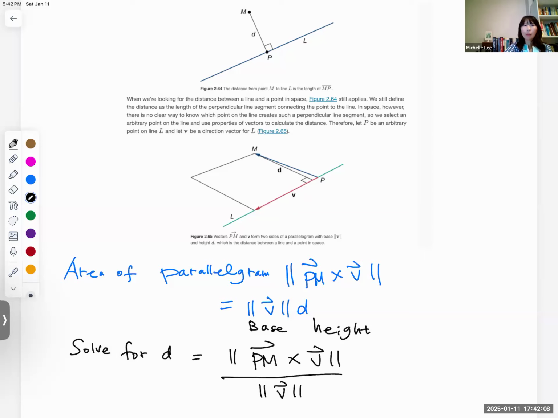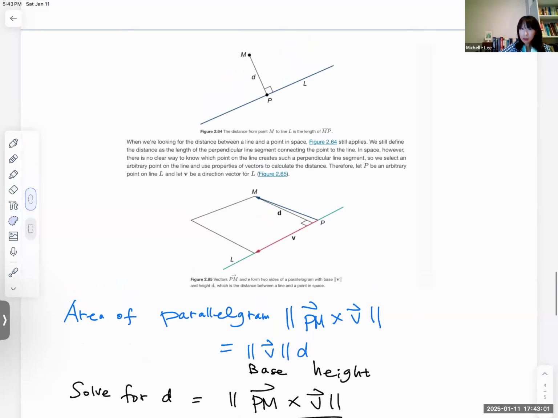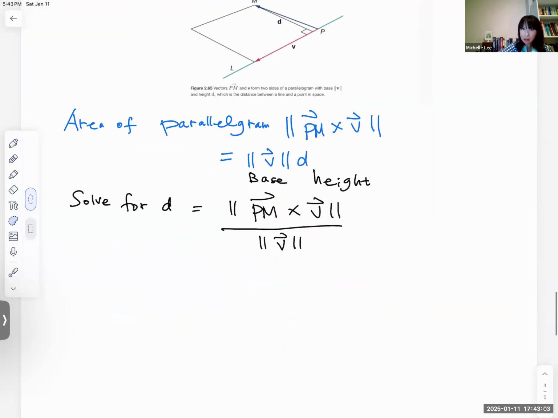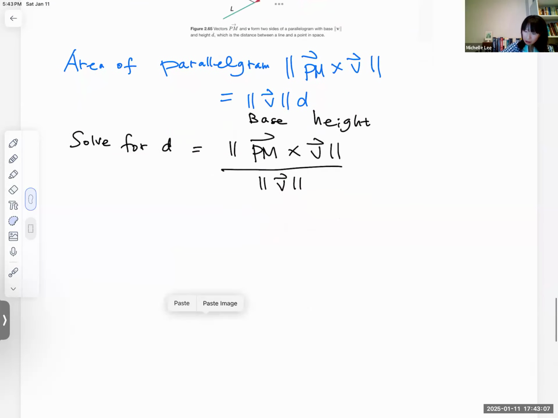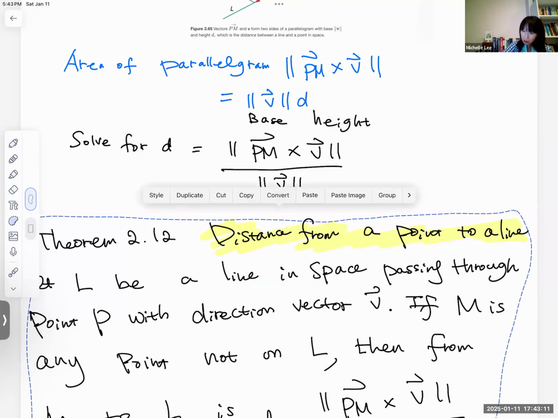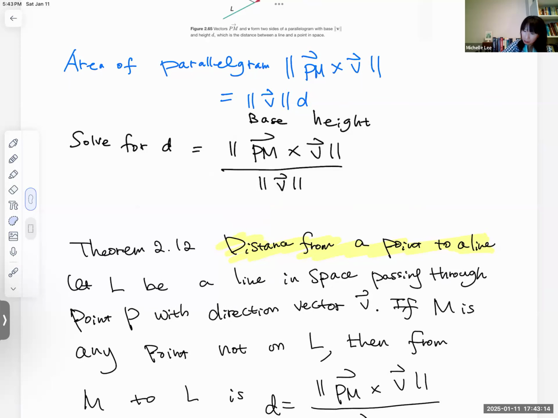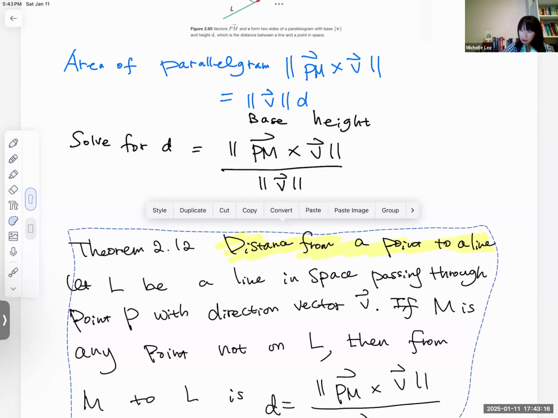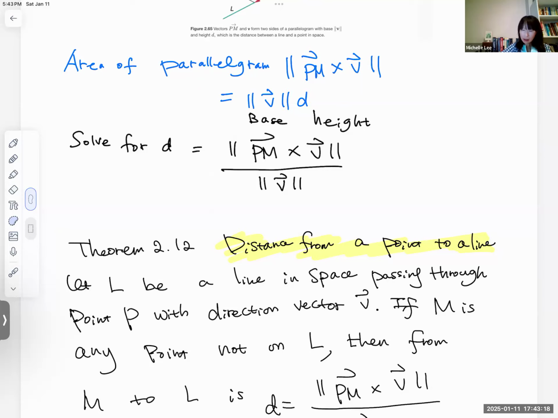So let me bring it up. You could not see earlier. So here we go. Theorem 2.12, distance from a point to a line.